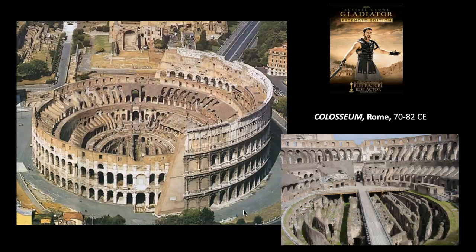This was, at one time, the world's largest amphitheater, seating as many as 50,000 spectators. We've already seen that in Greece, you can have semicircular theaters to showcase dramas and religious plays. But here the Romans preferred gladiatorial matches and animal hunts. They definitely had a hunger for violence and blood.